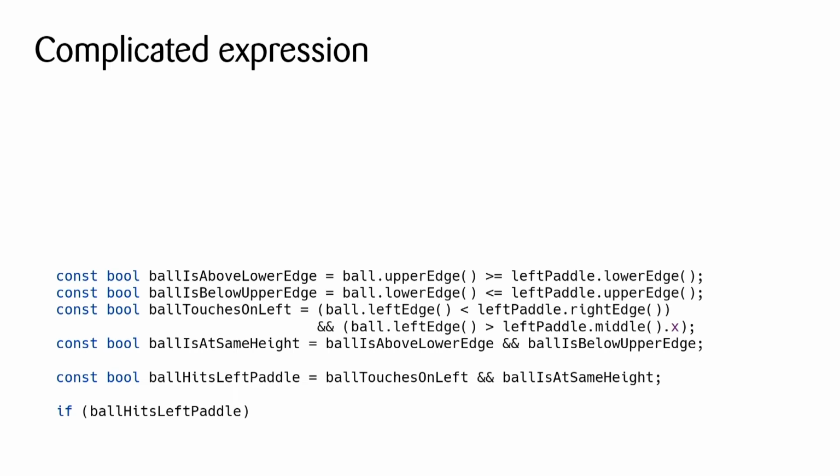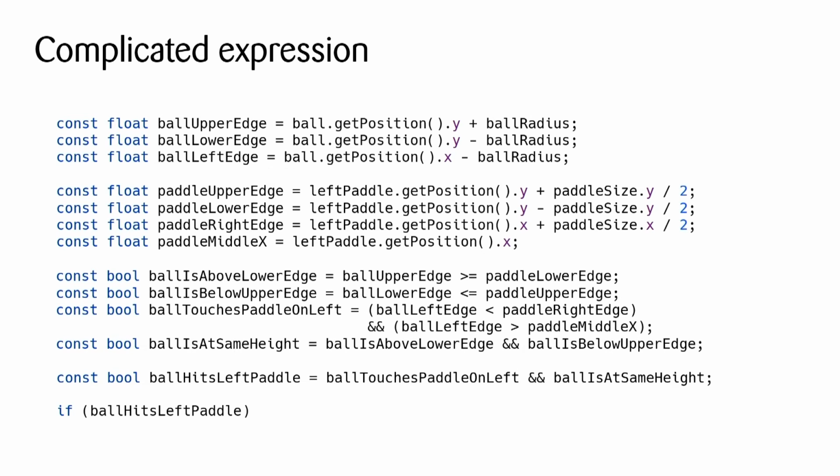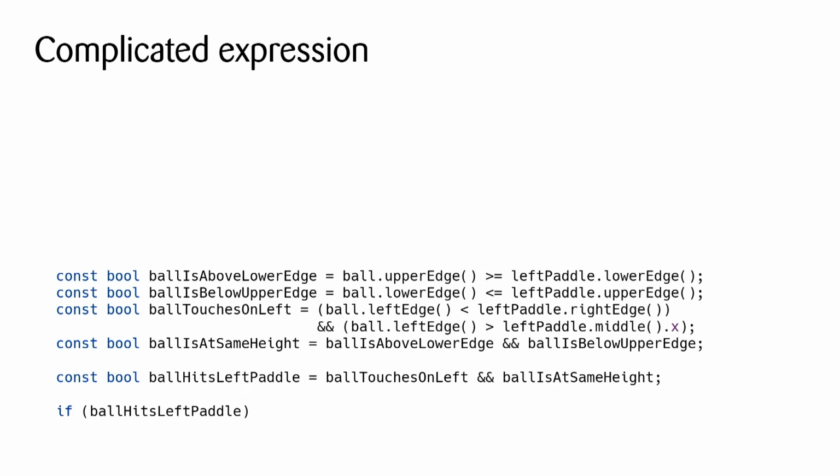Since we already had the ball as a class and the pedal as a class, you can also have these variables in the upper block, which are like ball something, ball something, ball something. These are properties of the ball, and the next ones are properties of the pedal. So you can just move them as member functions into the ball, which makes the ball a higher level concept than the actual rectangle, and the pedal a higher level concept than the rectangle, and the ball a higher level concept than the actual circle shape we had in the beginning.